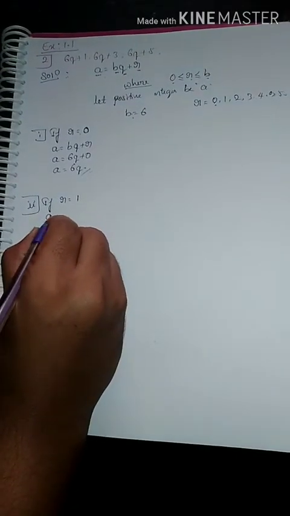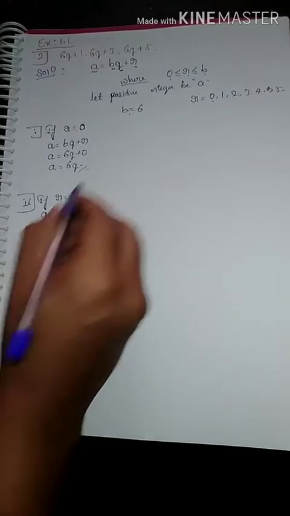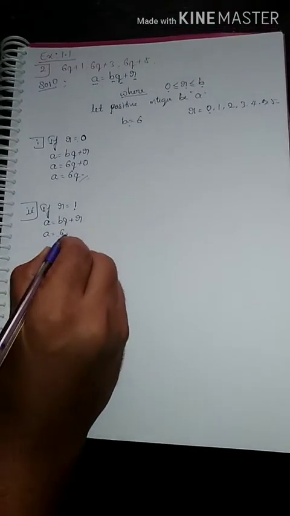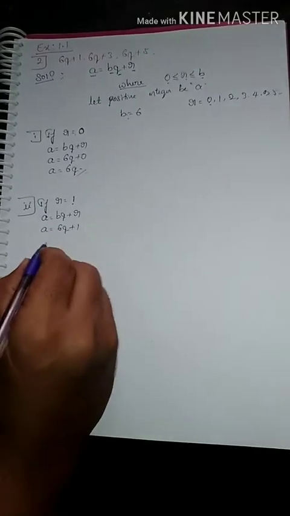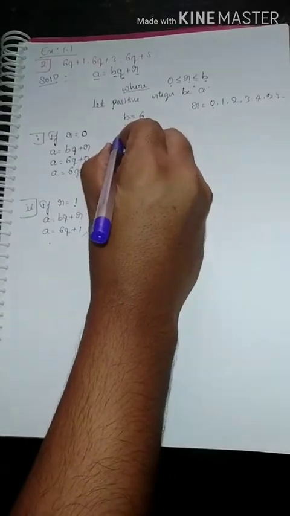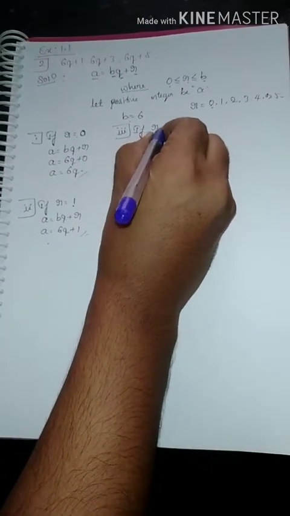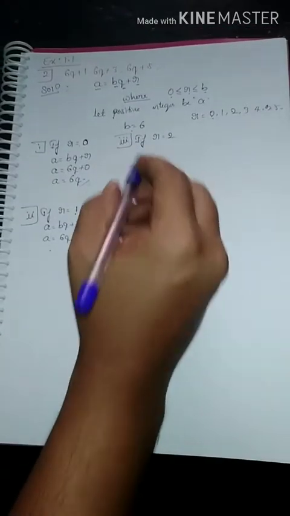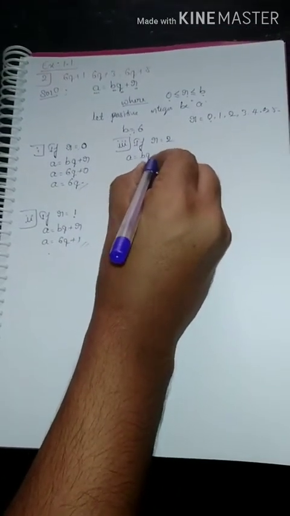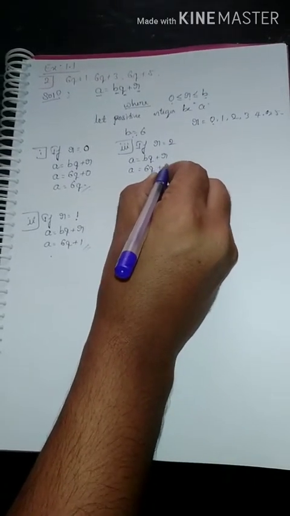The Euclid division lemma is a is equal to bq plus r, but here r is 1 and b is 6, therefore a is equal to 6q plus 1. Then the third case, if r is equal to 2 and b is equal to 6, the Euclid division lemma becomes a is equal to 6q plus 2.